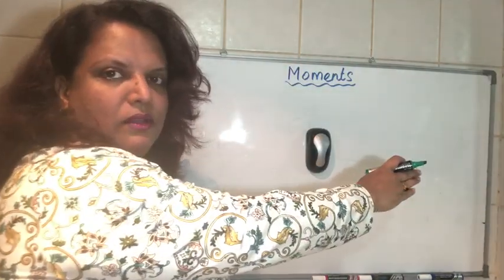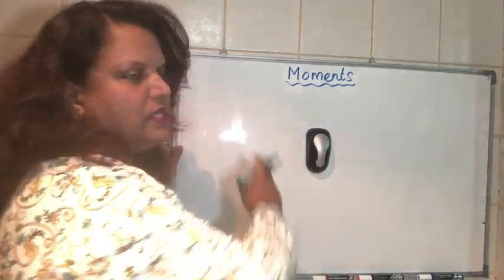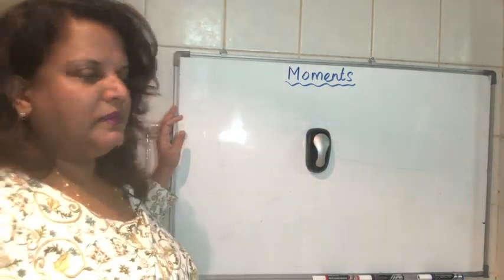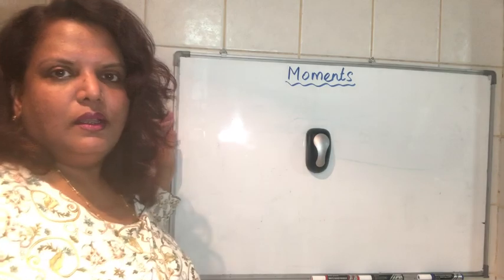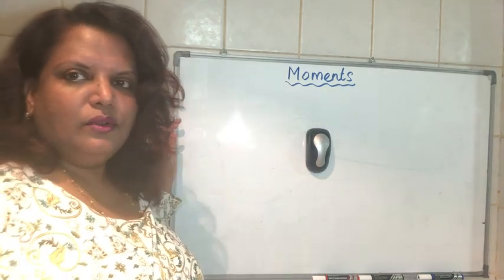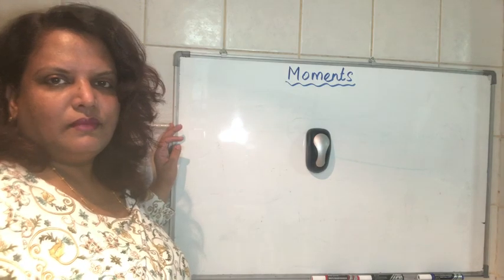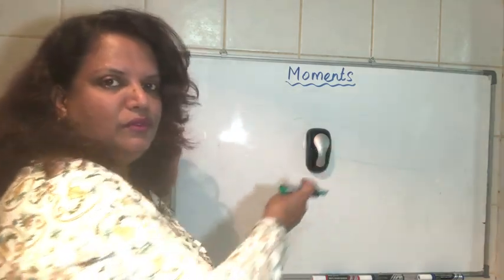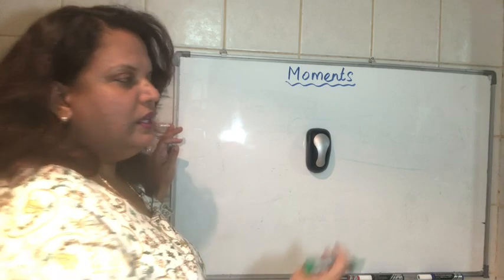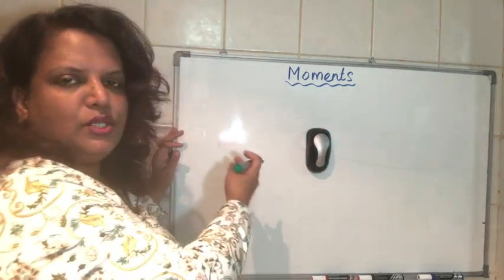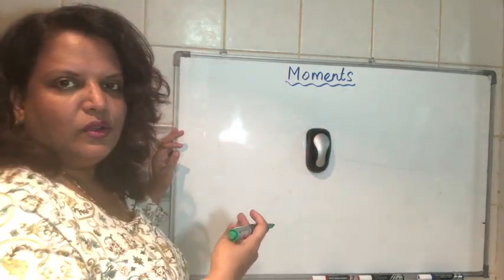Usually the handle is on the right extreme. Now, if the handle is shifted to the middle and you are trying to open the door, would it be easy for you to turn the door, or will it be more difficult? Of course, it's going to be difficult to turn the door if I shift the handle towards the left. I hope you all got it.